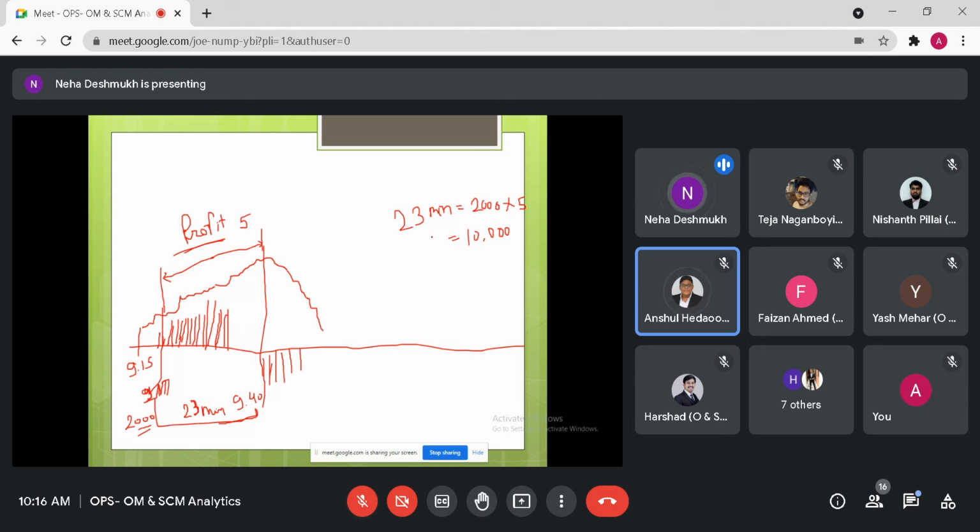So within 23 minutes, I can earn 10,000 rupees. Agree? It means this is the main application-oriented use of time series analysis.